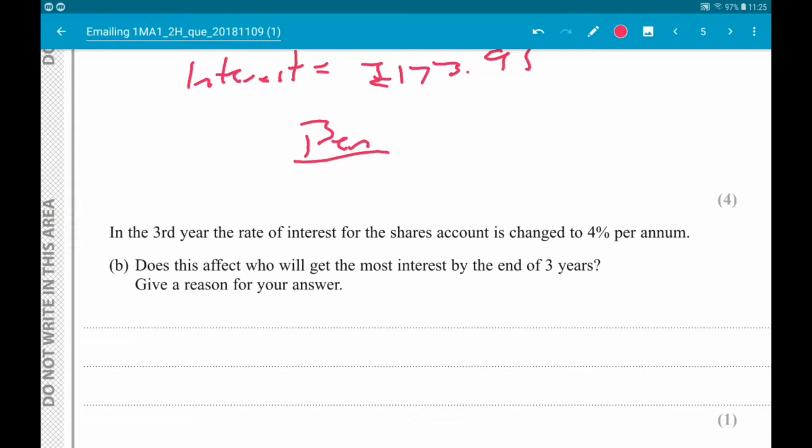Give a reason for your answer. So Ben had money in the shares account. Ben already got the most interest, so by increasing his interest in the 3rd year, it's not going to change our answer to part A. Ben will still get the most interest, he's just going to get even more.